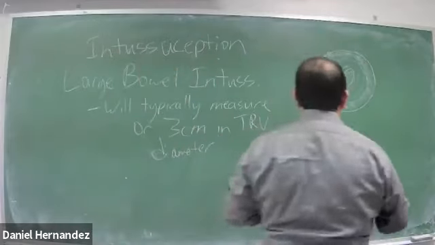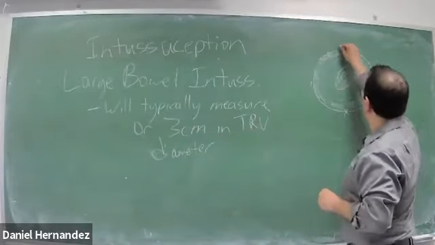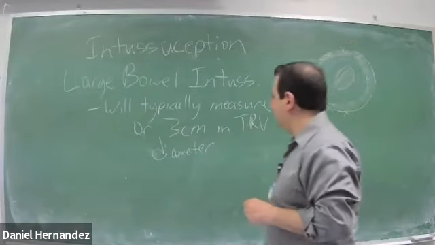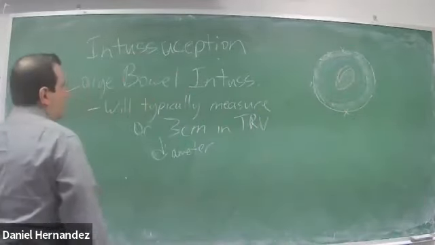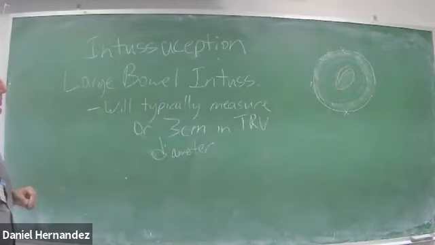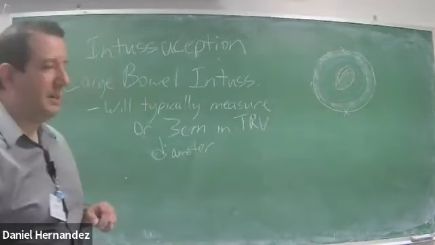We get our nice, pretty donut picture. Throw some calipers on there and take a measurement. So a large bowel intussusception will typically measure over 3 centimeters in diameter.